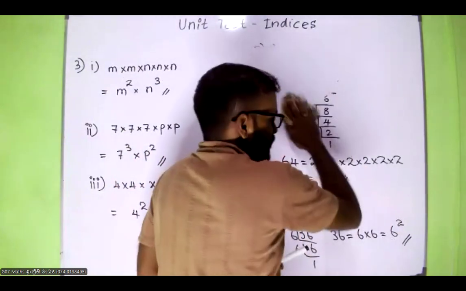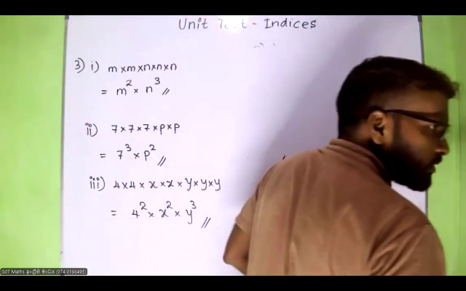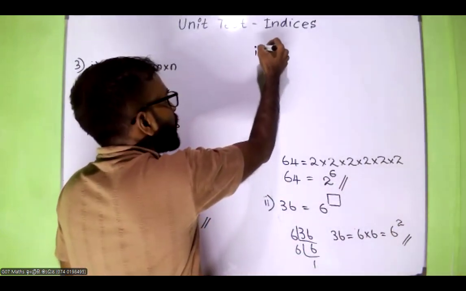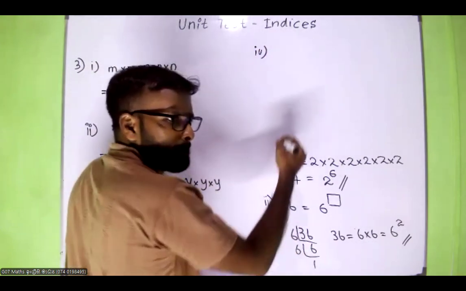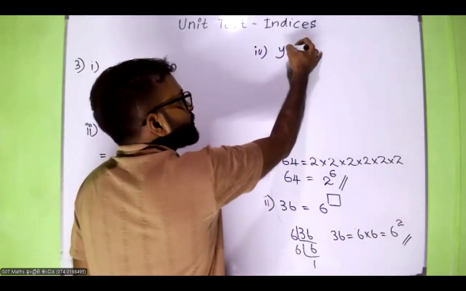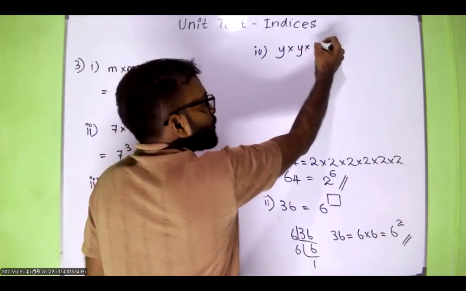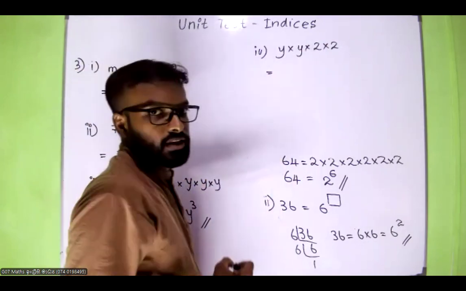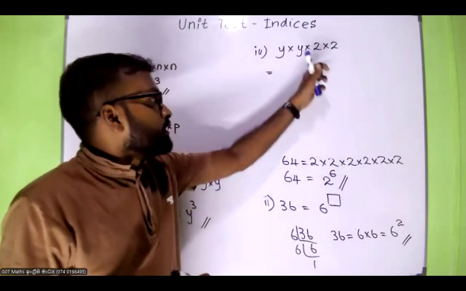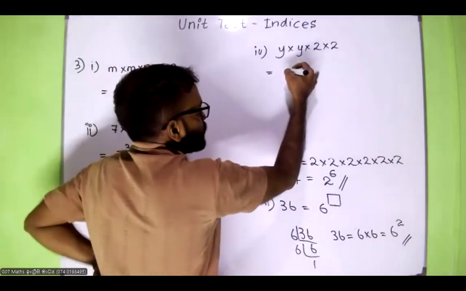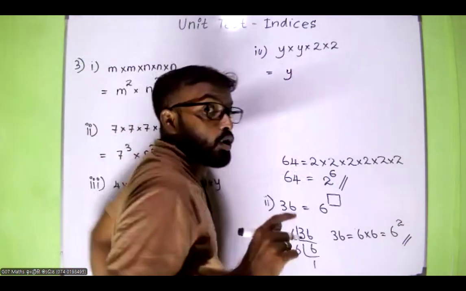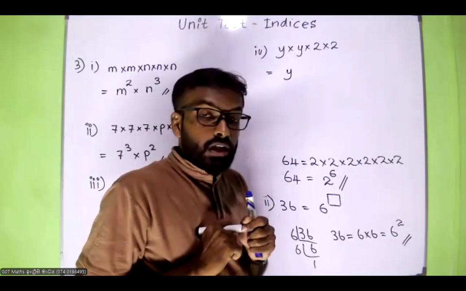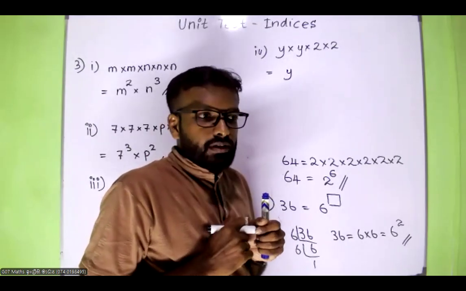Fourth one. The fourth part is y times y, 2 times 2. I will ask this from Farad. Can you say? Y times y multiplied by 2 times 2. 2 to the power 2.